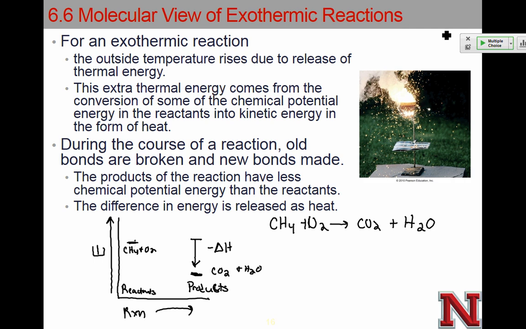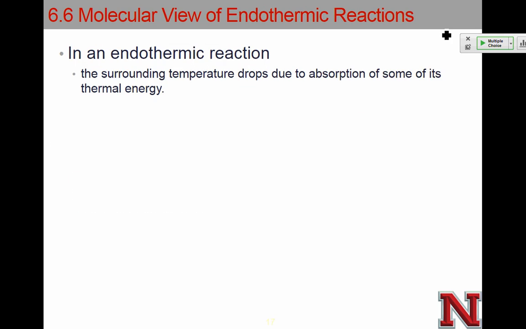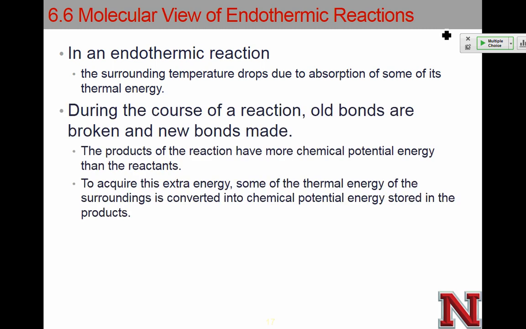Of course, an endothermic reaction is exactly opposite of that. Your products are higher in potential energy than your reactants. Your temperature is dropping due to absorption of some thermal energy from the surroundings. Of course, in a reaction, we're breaking and forming chemical bonds. Depending on the reaction, that might be covalent or ionic.